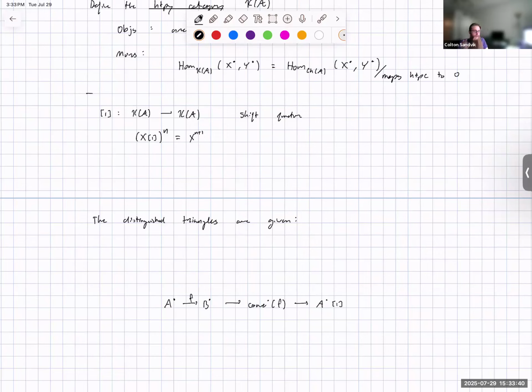This should be one huge class of examples, but it's not going to be all of them. So we also need to include all of the things that are isomorphic to things of this form, and by isomorphic, I mean in the homotopy category.